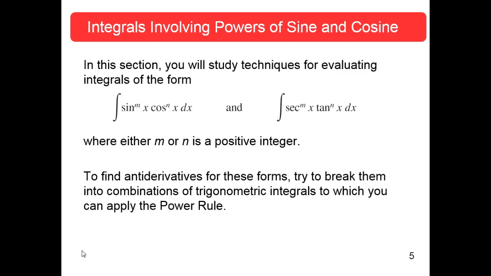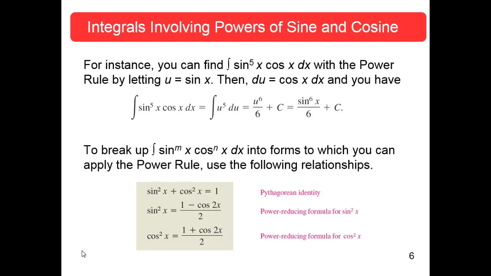Now, what would be the technique for doing so? For instance, what if you had the integral of sine fifth x cosine x dx? That's a very straightforward type thing to do. I wouldn't even consider this a trig integral itself. It is a trig integral. How would you approach that?